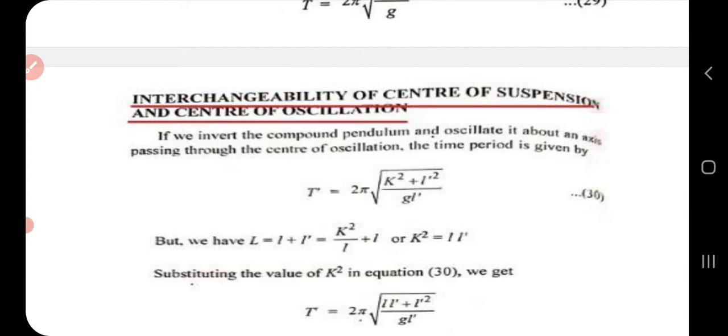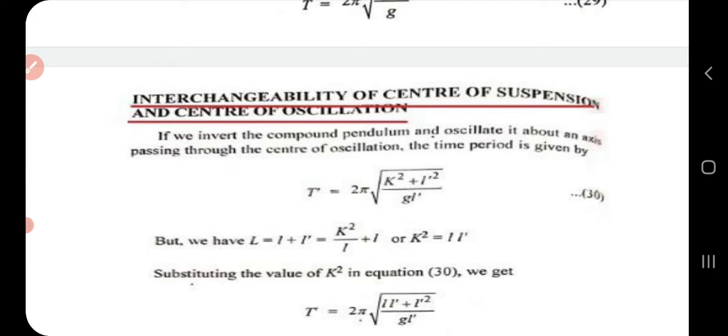First you found the time period by suspending it from the center of suspension, and after that, in the lab, you inverted the pendulum and repeated the experiment. That is, you calculated the time period from the point of oscillation. Okay, I think you remember that.